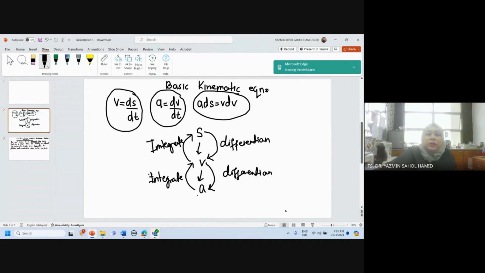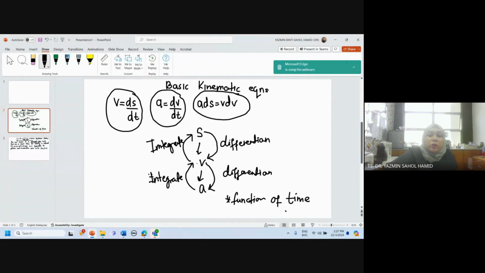So this is another clue that you must take note of. It gives us the velocity, but it asks you to find the position and the acceleration.